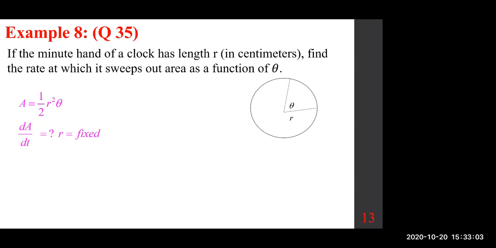One way to remind you of how we got that is that the area of a circle is pi r squared, or you can say 1/2 r squared times 2 pi, and that's basically it: 2 pi is replaced by theta. That's the concept.